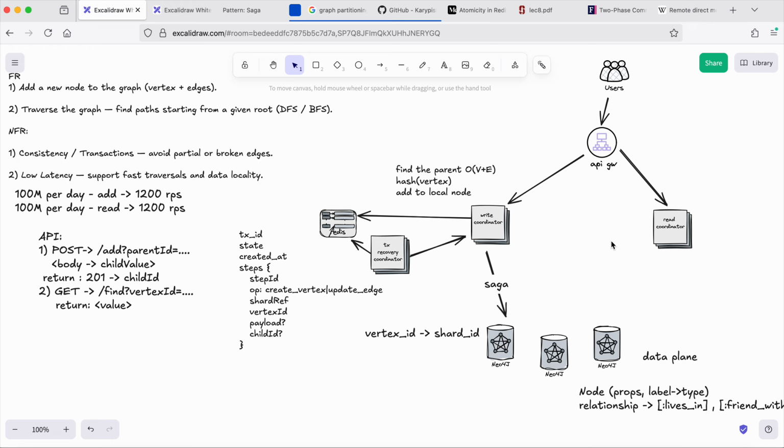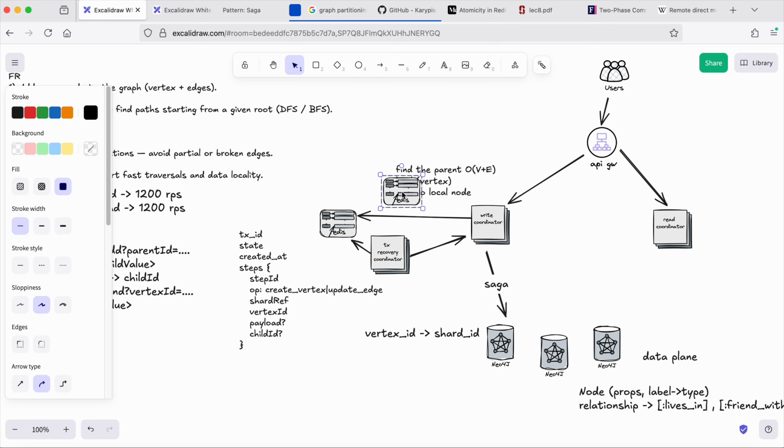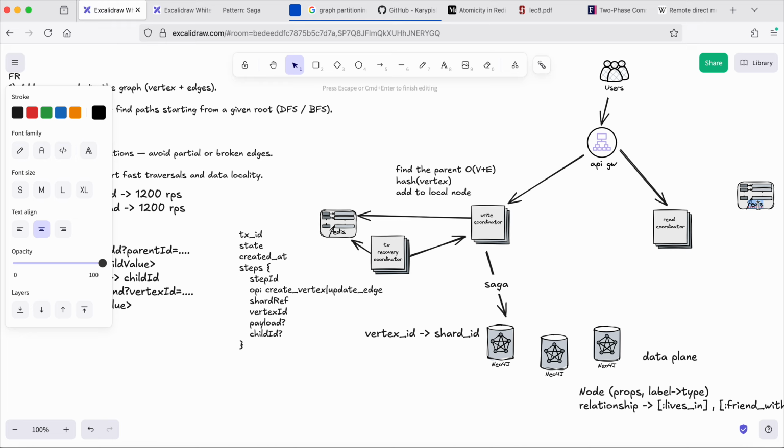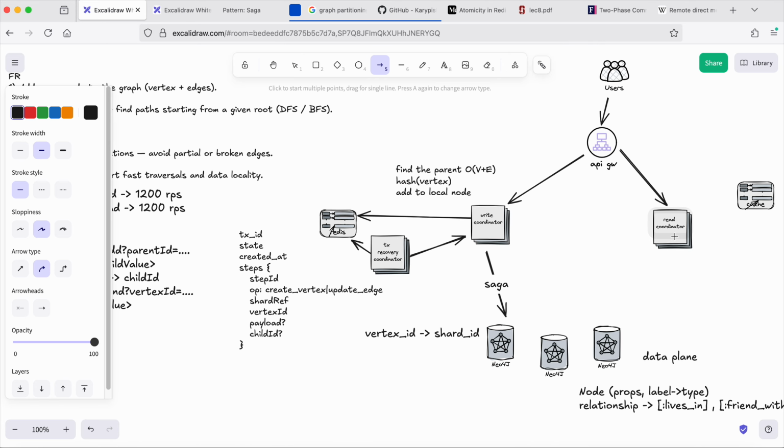First of all, I would like to highlight that this BFS or DFS across shards involves many network round trips. That is why I would like to start from a caching layer, so we will have an LRU cache here for managing these syncs efficiently.